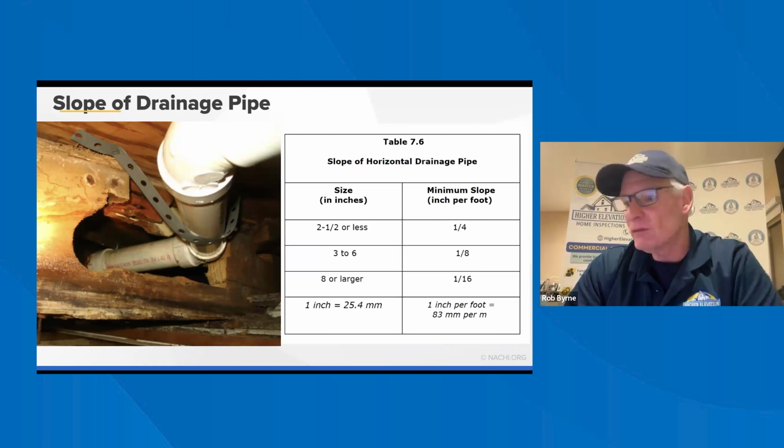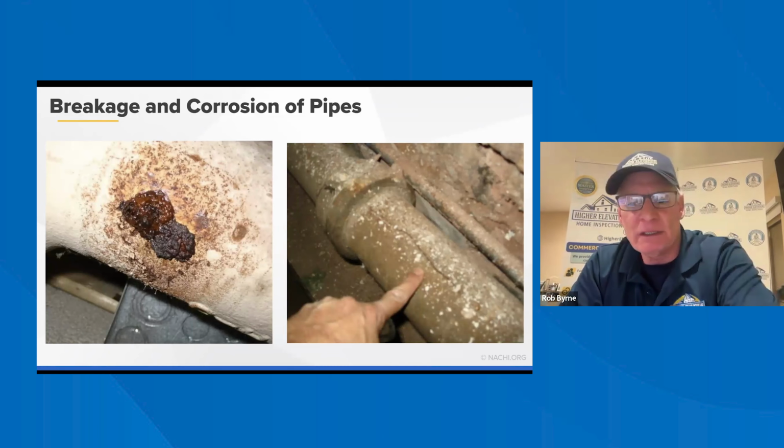But if you do a cutaway section of it, you'll see that it's really clogged up. But this is obviously a breakage in the cast iron line, and then this is corrosion. So you'll identify those two when you're looking at anything that's visible from the drain standpoint. You'll comment on any deficiencies there.